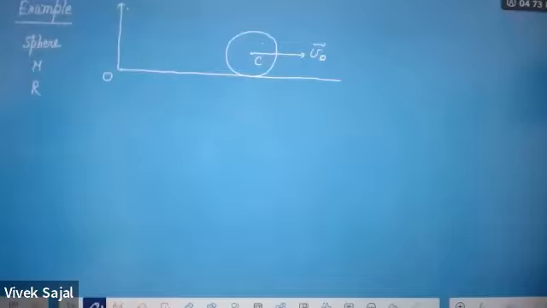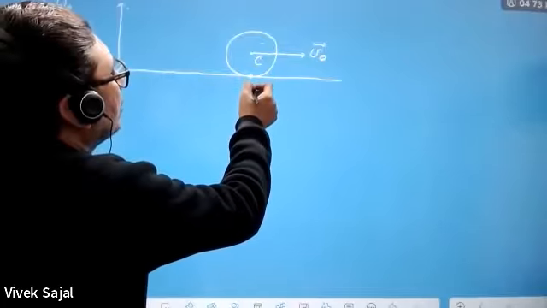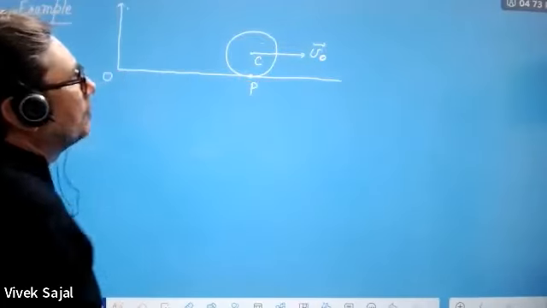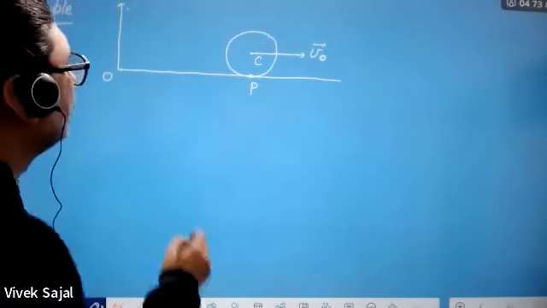Find the angular momentum about the point of contact P. And C part. Find the angular momentum about point O.